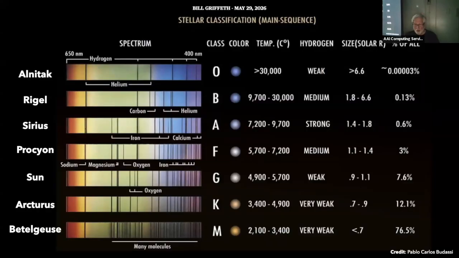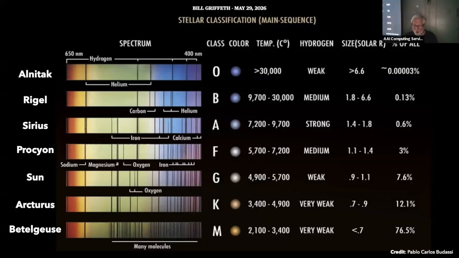The principal classification of stars is based on their spectra. This graphic shows the visible light spectra of 7 types of stars, from hot O and B stars like Alnitak and Rigel in the constellation Orion, to the cooler K and M stars like Arcturus in Boötes and Betelgeuse in Orion.